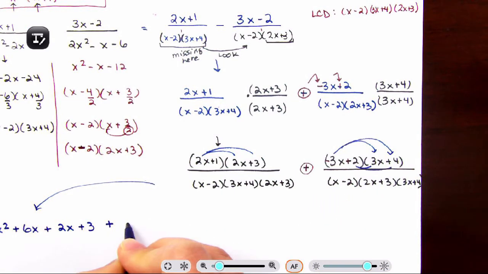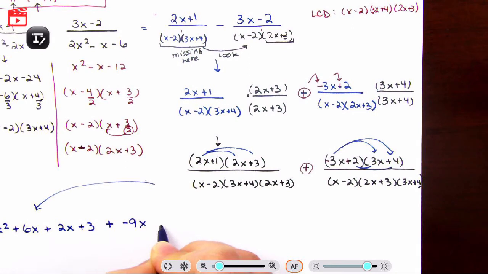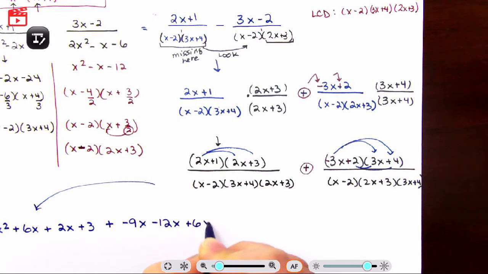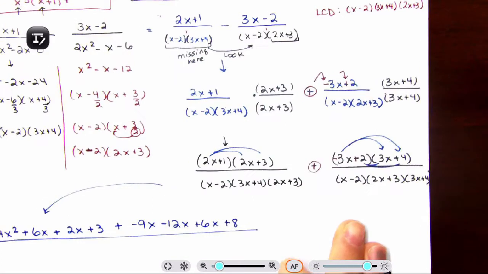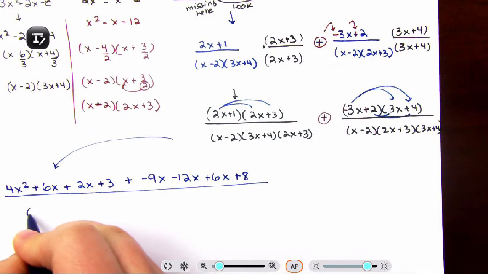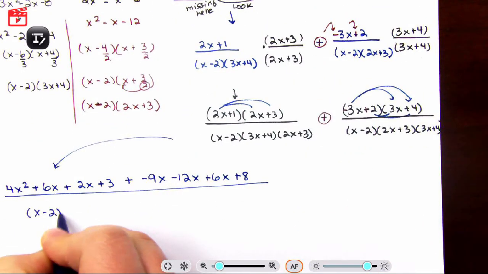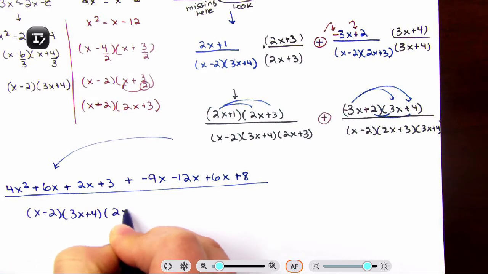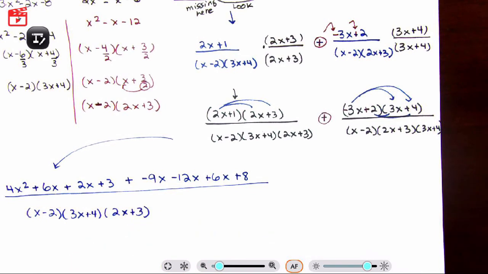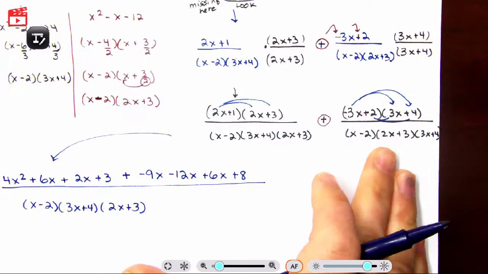So I have negative 3x times 3, that is negative 9x. Then I have a negative 12x. Then I have a positive 6x, and I have a positive 8. All of that is over our common denominator in factored form, which is x minus 2, 3x plus 4, and 2x plus 3. Combine like terms and simplify.